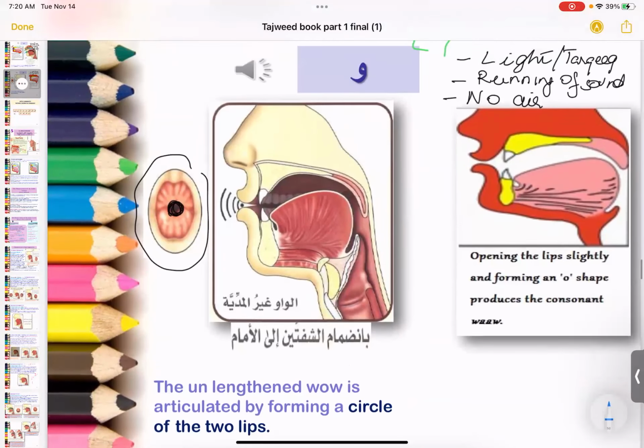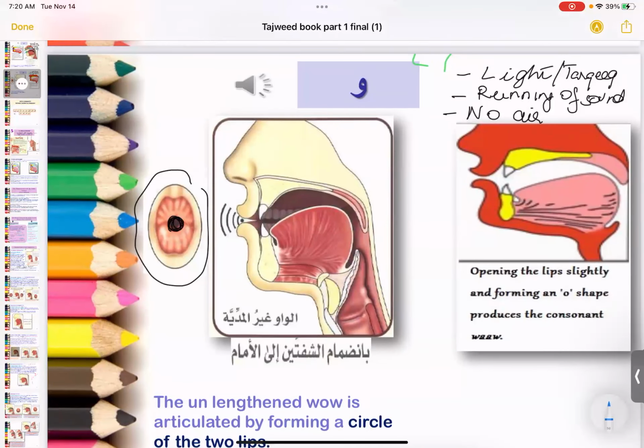The next letter we're going to do is wow. Again, remember the letters ba, wow, and meme share the same articulation point, which is the two lips. And this wow is not wow maddiya. This is wow with the haraka, called wow mutaharrik.